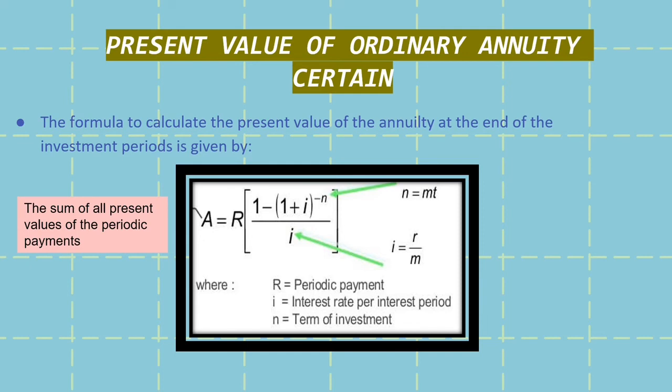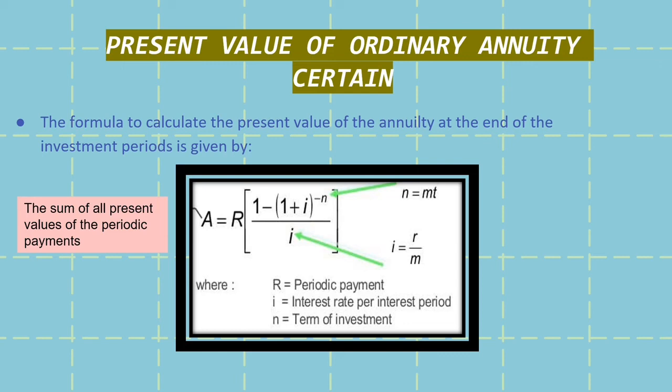So this is the formula for the present value, which is A equals R times the bracket of 1 minus (1 plus the interest rate) to the power of negative n, then divided by i.